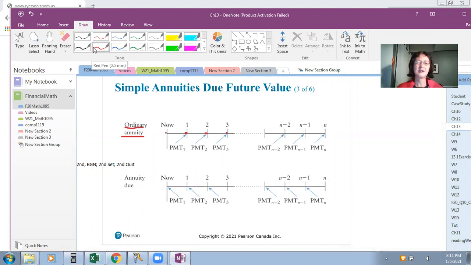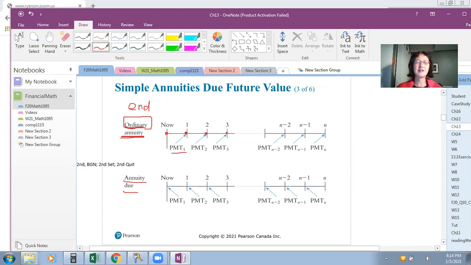So this is a diagram to illustrate the difference between ordinary annuity and annuity due. Ordinary, the keyword ordinary means payment is made at the end. So if this point is focal point for now, at the end of one period here, you make one payment, PMT.